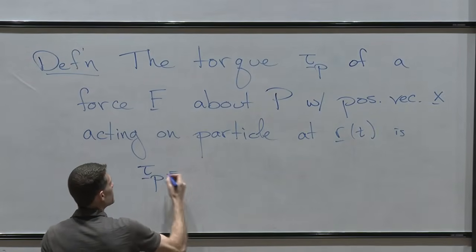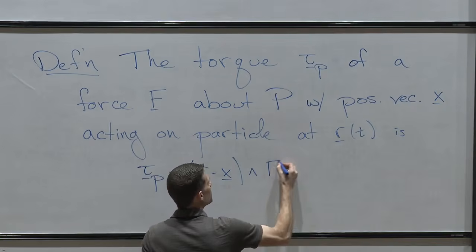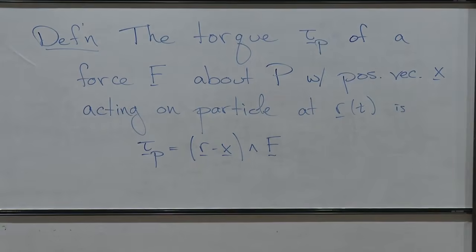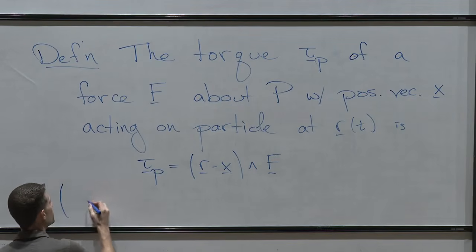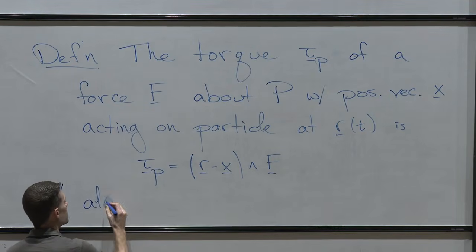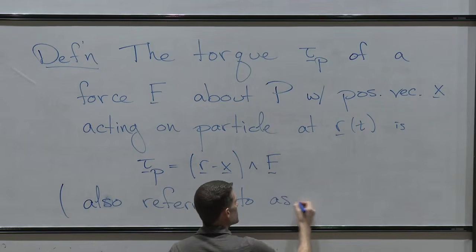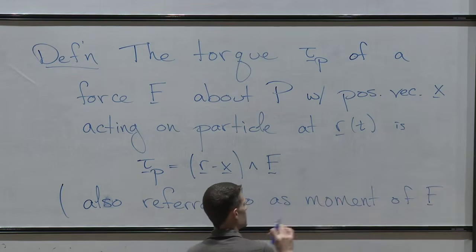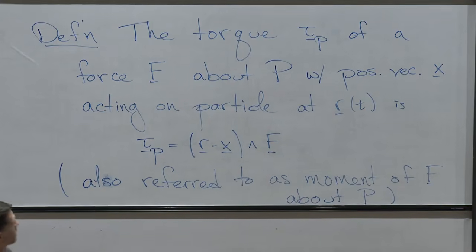Tau P is r minus x cross F. And we'll make a little note that this is also sometimes referred to as the moment of F about P. We'll try to stick with the word torque.